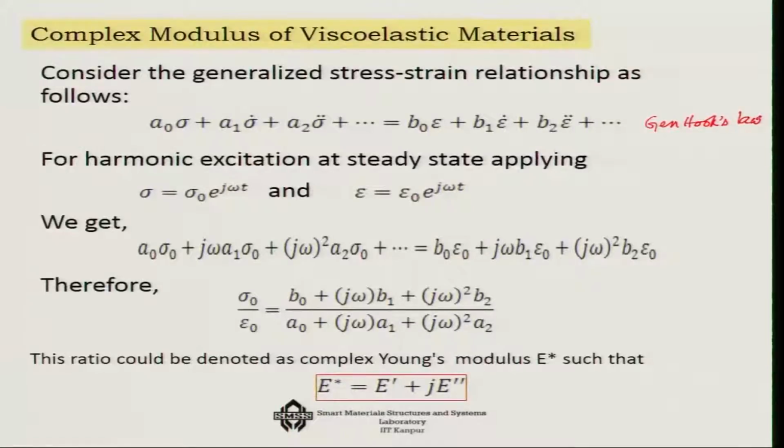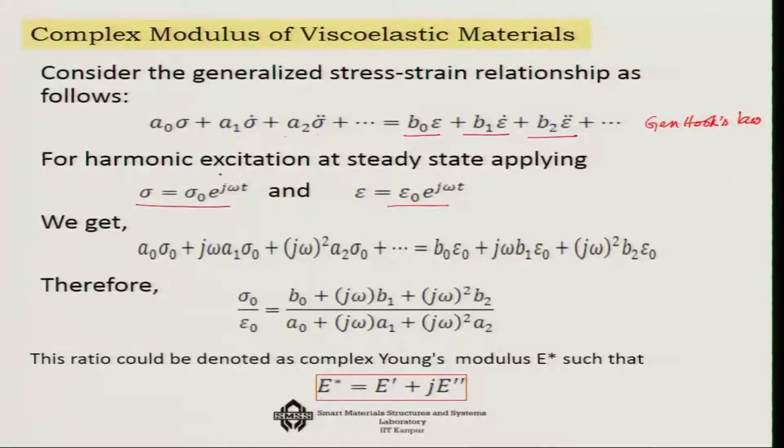In that model, if I write it in longhand, it is A0 sigma, A1 sigma dot, A2 sigma double dot, etc., equals B0 epsilon, B1 epsilon dot, B2 epsilon double dot, etc. Now, imagine that I am giving either a forced harmonic excitation, which will produce a harmonic stress, or I will give a harmonic strain, either of them. If I give a harmonic stress, let us assume that it results in a harmonic strain.